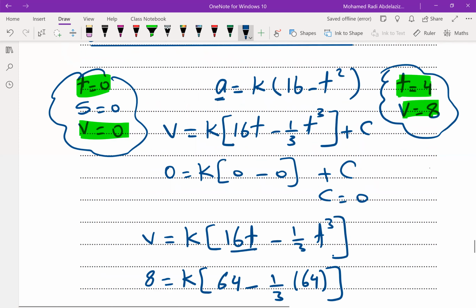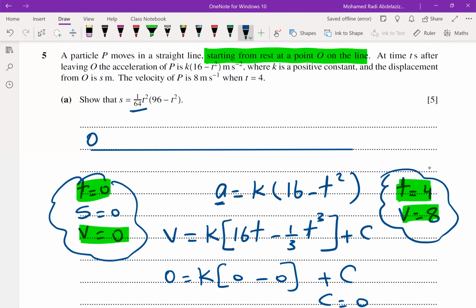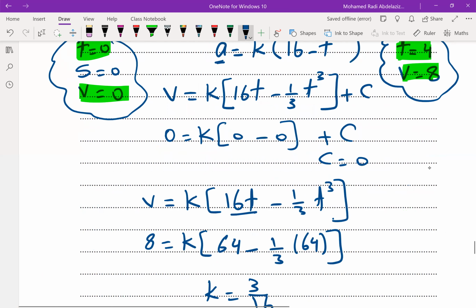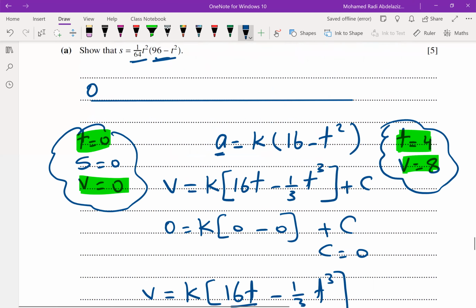But he asked you to show that s equals 1/64 t squared (96 minus t squared). Look at this bracket, you have to take t squared and 1/12 outside. If you get 1/12 t squared, the first fraction 3/16, if you multiply it by 1/12, you get 1/64.